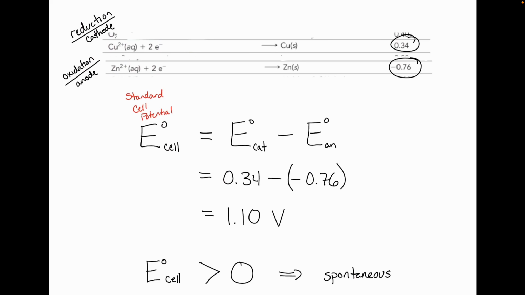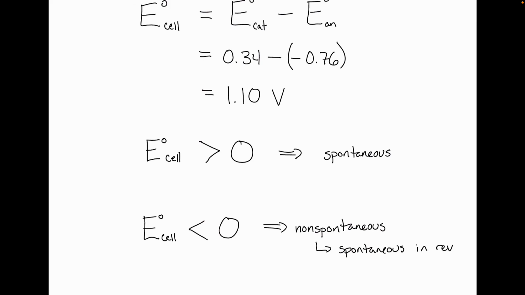Okay. Now, spontaneous, non-spontaneous. What does that remind you all of? Delta G, exactly. And so what we're going to see next time, but we're not going to get into it here, is that indeed that standard cell potential is very closely related to the delta G of these reactions. Okay, so we'll finish up our battery discussion next time.